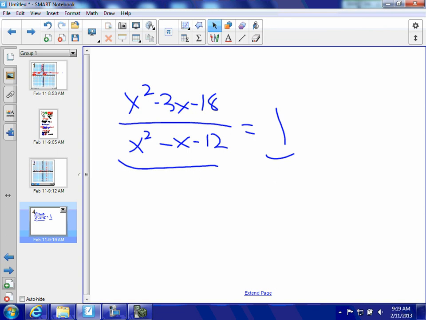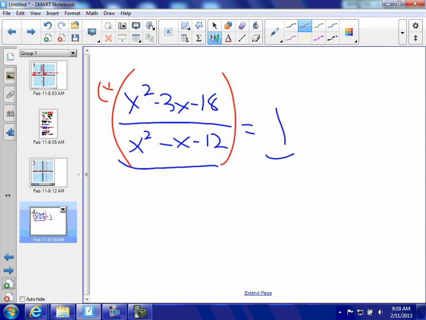Okay. Let's multiply both sides by my denominator. So let's multiply this whole equation by x squared minus x minus 12, and let's multiply this side over here by x squared minus x minus 12. So my denominators cancel out.